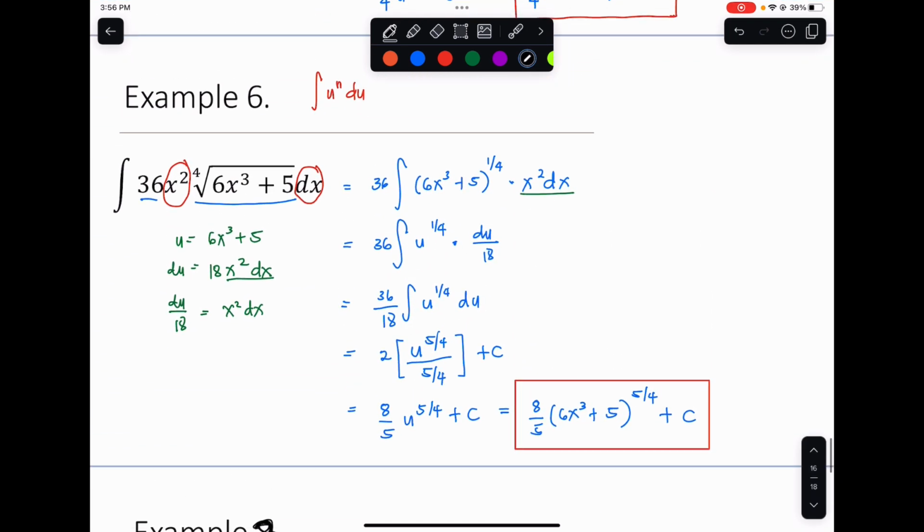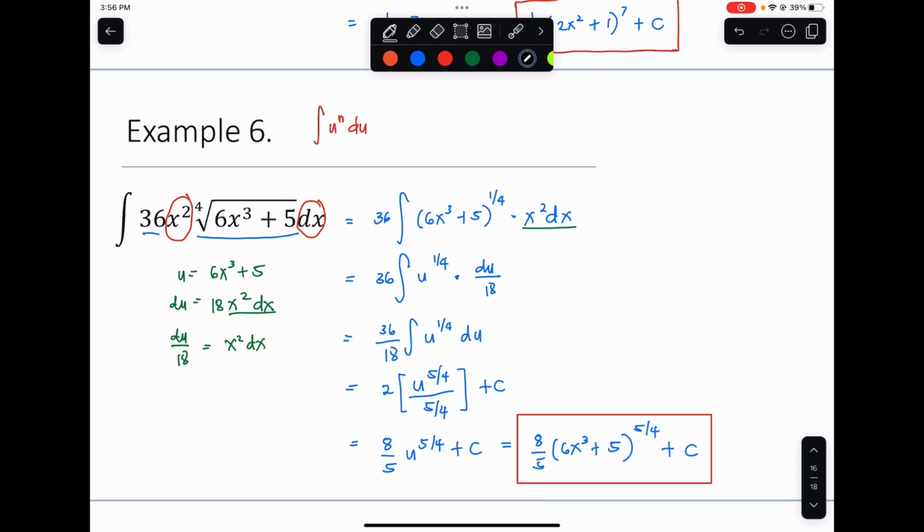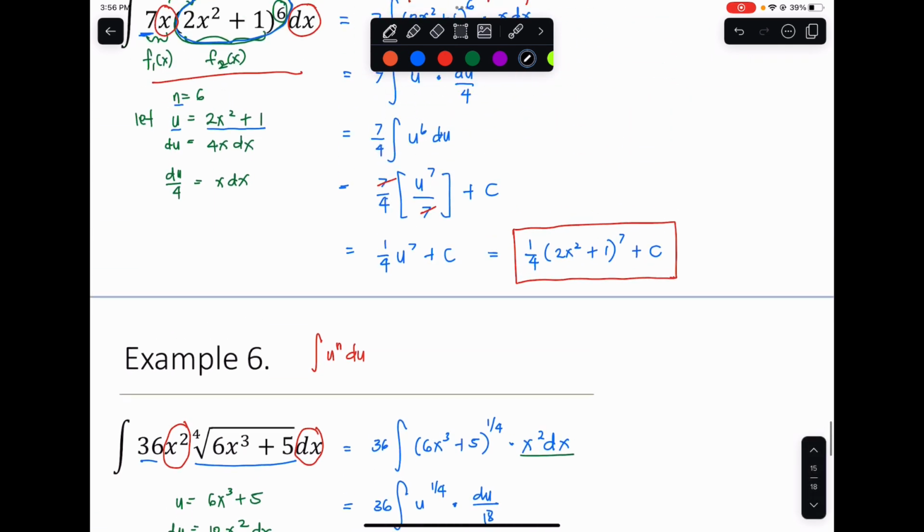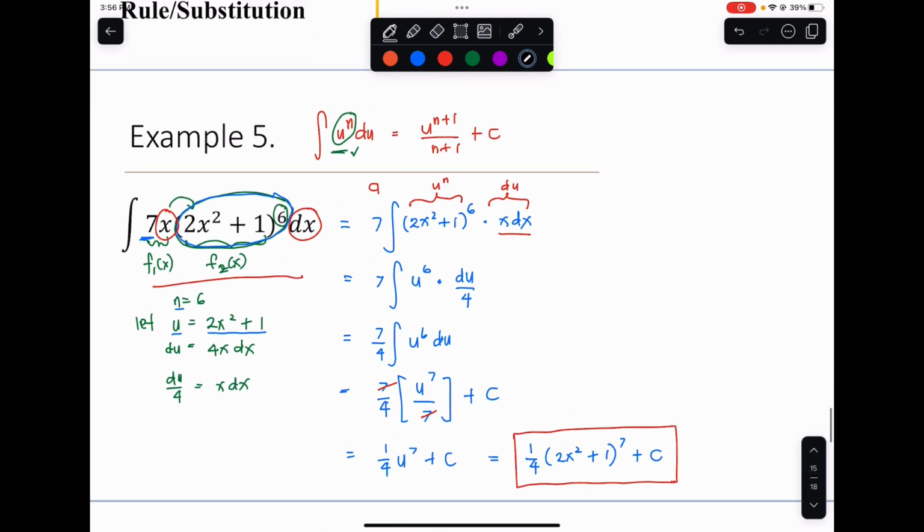So, class, you can notice that the degree of u is larger than the degree of du by 1. For example, in this case, this is our u, so the degree is 2, and on our du, the degree is 1.